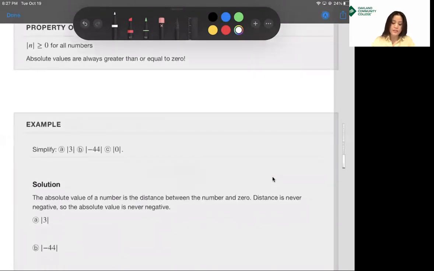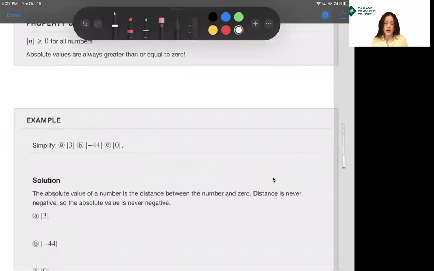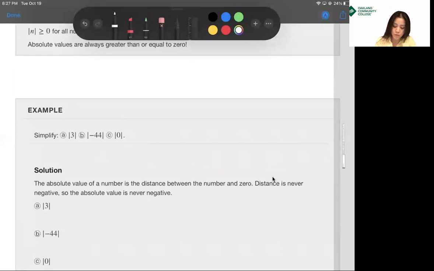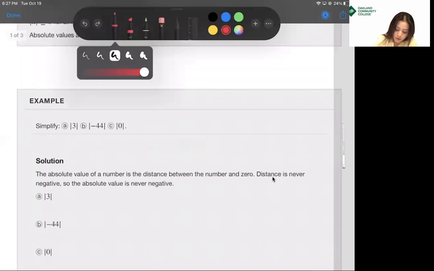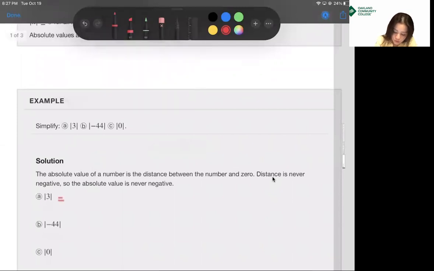All right, let's take a look at some examples. I want to simplify some of the absolute values below. I have the absolute value of 3. So the absolute value of 3 is equal to 3, because 3 is 3 units from 0 on the number line.